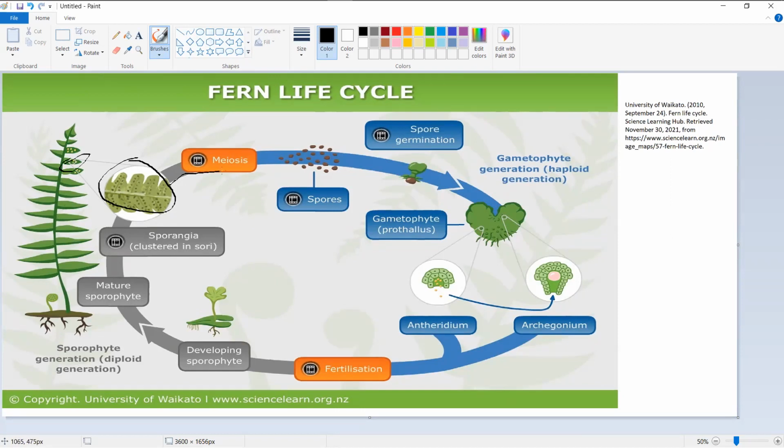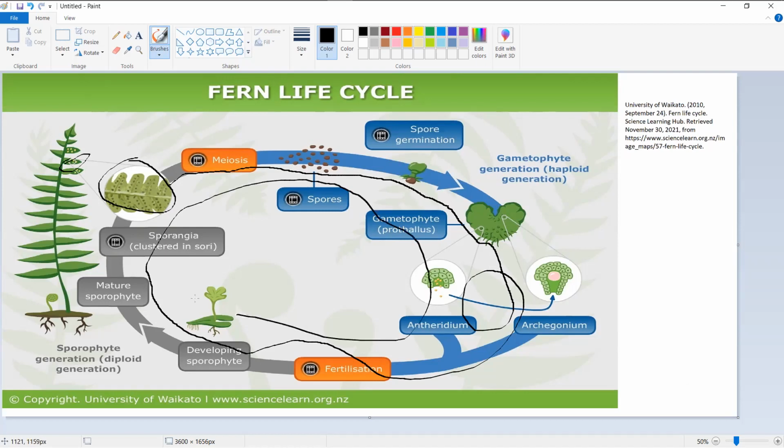To undergo mitosis, where they reproduce the spores, to spore germination, to gametophyte, prothallus, and to the haploid generation, and then the sex organs, fertilization, developing sporophytes, and again to the mature sporophytes, back to the sporangia, and then we do it all over again. And we're going to draw a little spiral here.